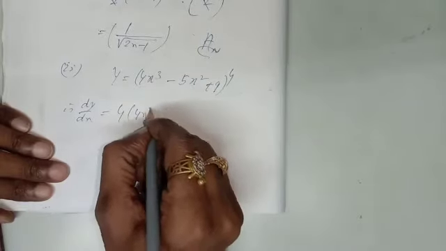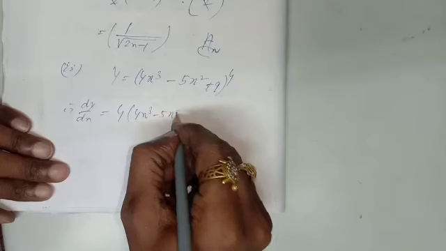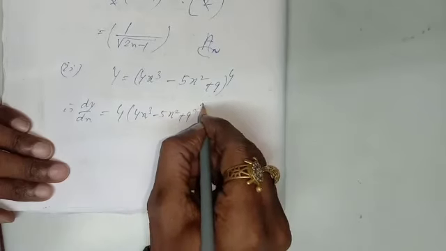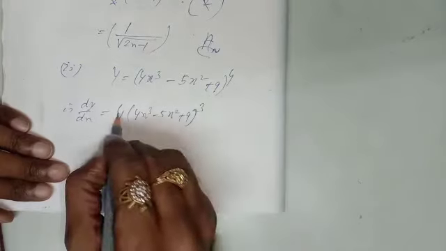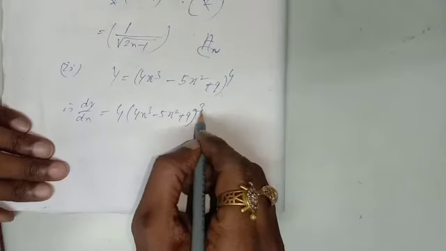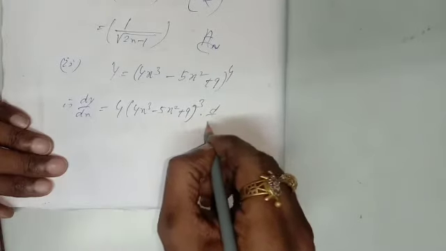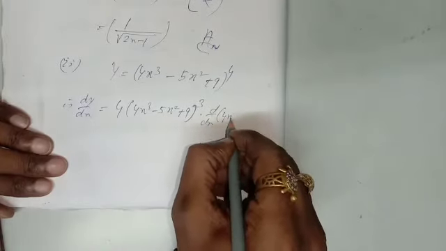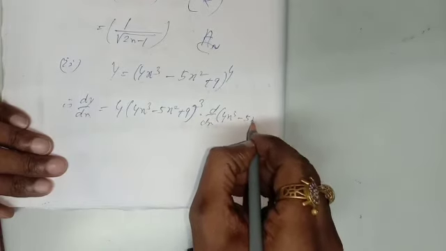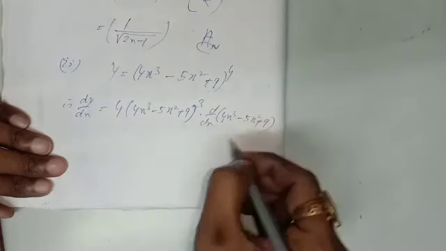So 4 times (4x cube minus 5x square plus 9) whole to the power 3, the power coming here and then one less, 4 minus 1 is 3. Again the derivative of the bracket part, d by dx of 4x cube minus 5x square plus 9.